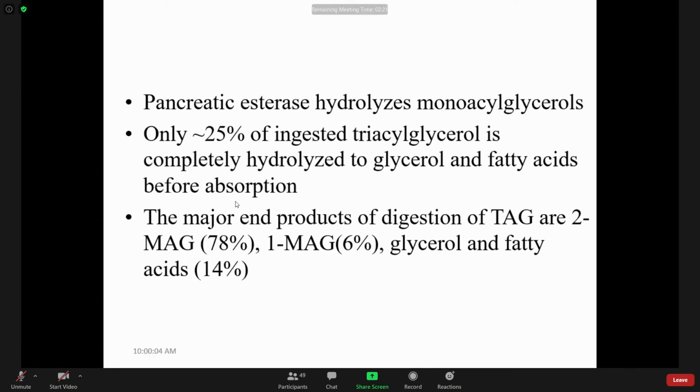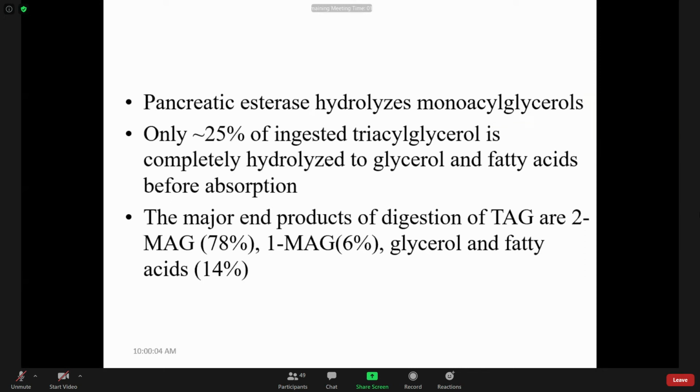But the activity of this pancreatic esterase is very low. That's why only 25% of ingested triacylglycerol is completely hydrolyzed to glycerol and fatty acids before absorption. Otherwise, the major product after hydrolysis of triacylglycerol is 2-monoacylglycerol.